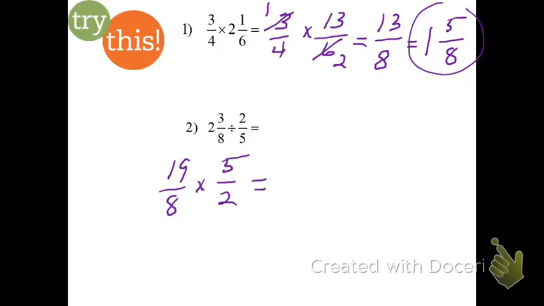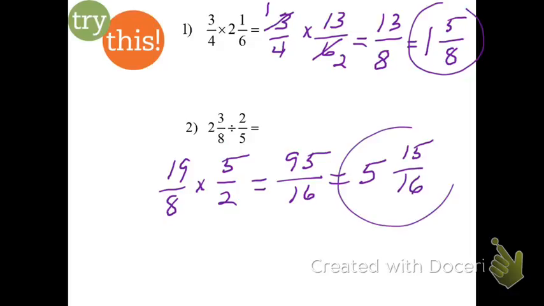So 19 times 5 is 95. 8 times 2 is 16. Carrying out the division then, I know 16 will go into 95 5 full times. That gives me 80. So I have a remainder of 15, so I have 15/16 then. So 5 15/16 is the final answer.